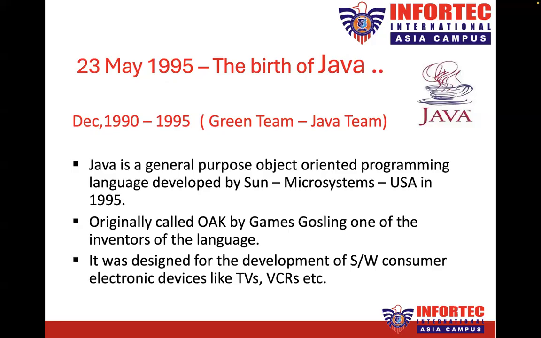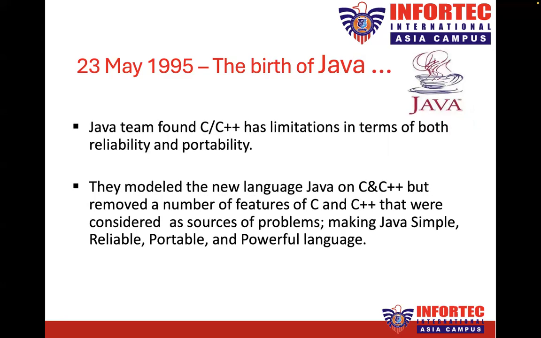At the beginning, they used this programming language to develop software for consumer electronic devices like TV, VCR, etc., but nowadays we have a wide range of applications in Java. Before Java was introduced to the market, there were programming languages like C and C++.